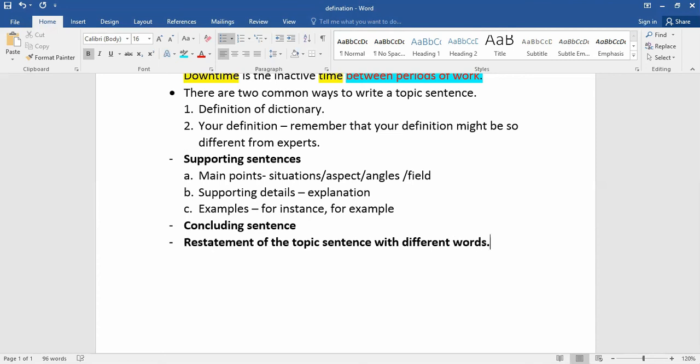So, as well as that, you can add a final message. What is your final message? You can write it. Or you can add a quotation.